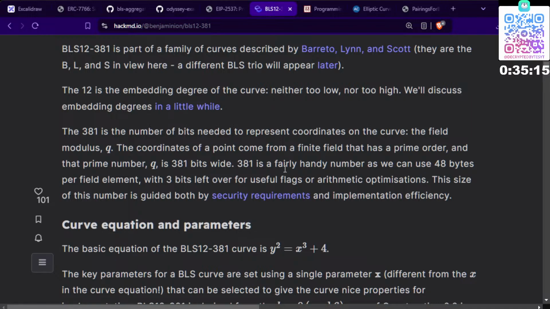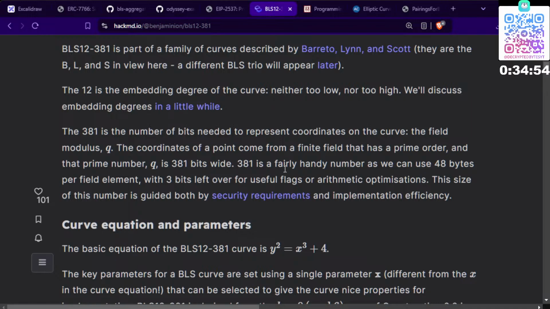The 12 is the embedding degree of the curve, neither too low nor too high. We'll discuss embeddings in a little while. The 381 is the number of bits needed to represent coordinates on the curve.